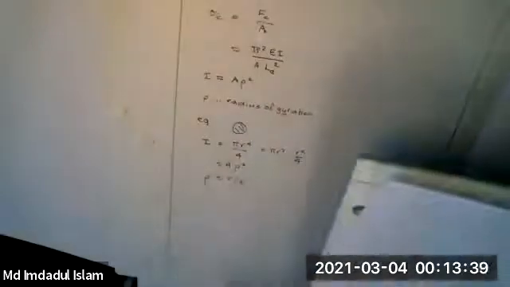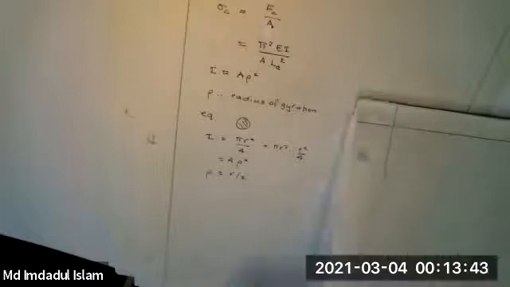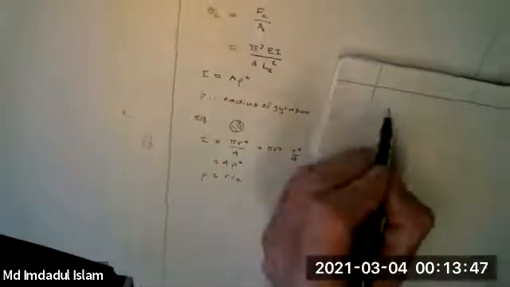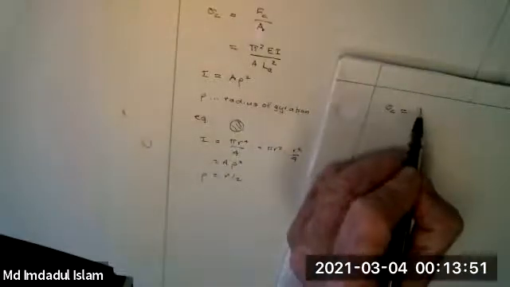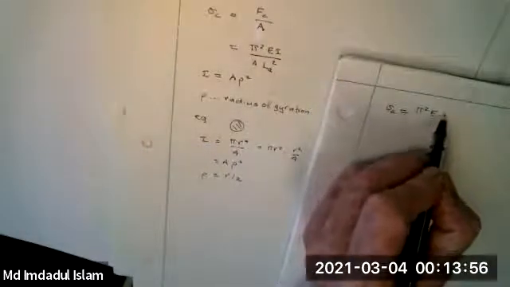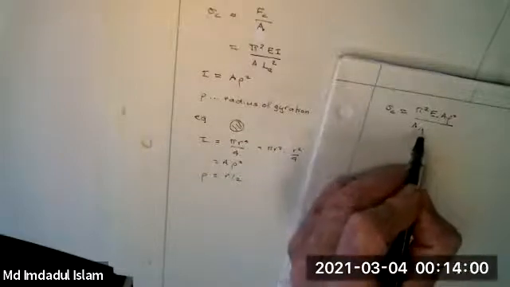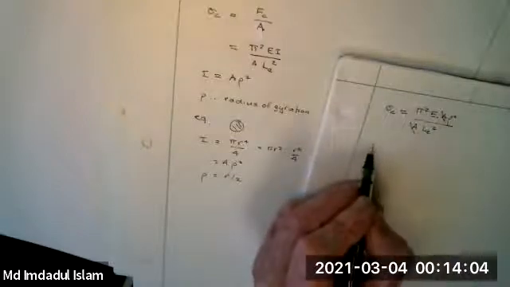And if we use this, the critical stress will look like this. I substitute for I as A rho squared. Now the area cancels.